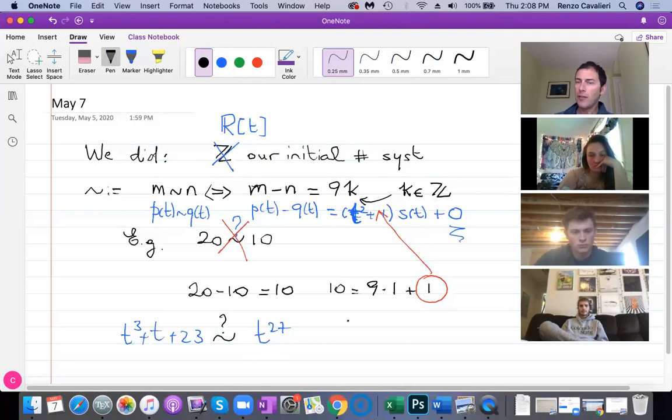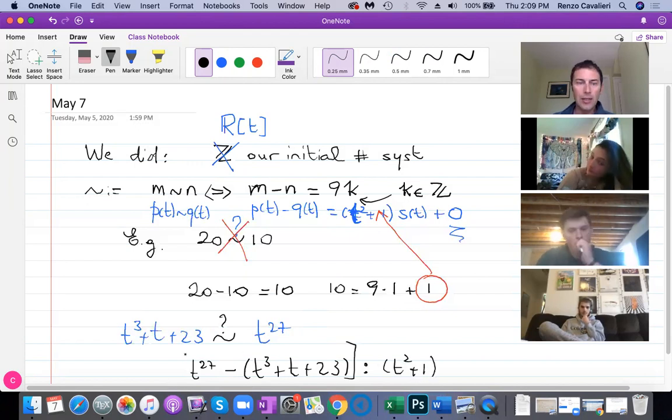Well, you have to take the difference of the two, t to the 27 minus t cubed plus t plus 23, and you have to do polynomial division by t squared plus 1, this whole thing. And if you get a remainder, then that's bad. It means that these two things are not equivalent. And if you don't get a remainder, then they're equivalent.